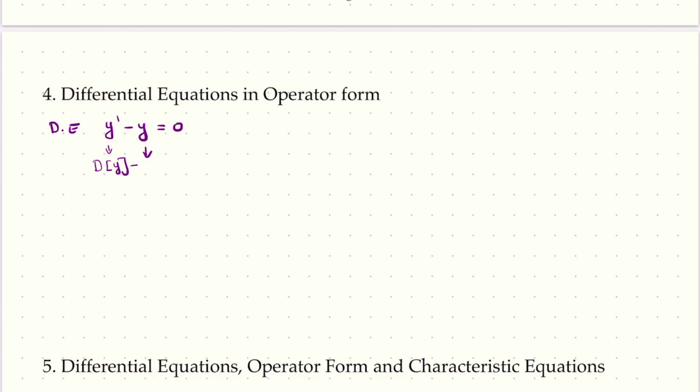What this identity operator does is the following. We say this is I of y, and I of y gives the same function back. It doesn't do anything to the function. That is called the identity operator. It takes functions as input and gives functions as output.